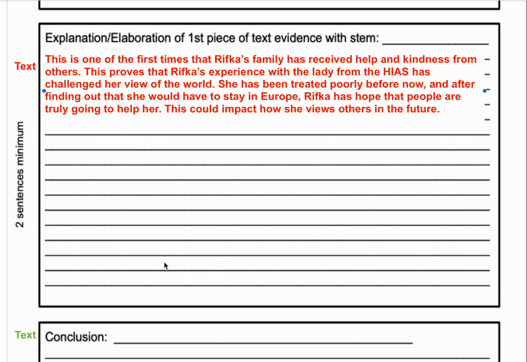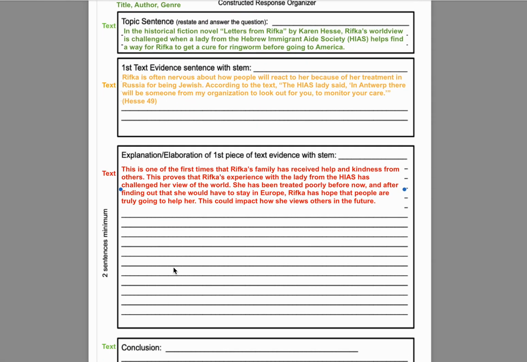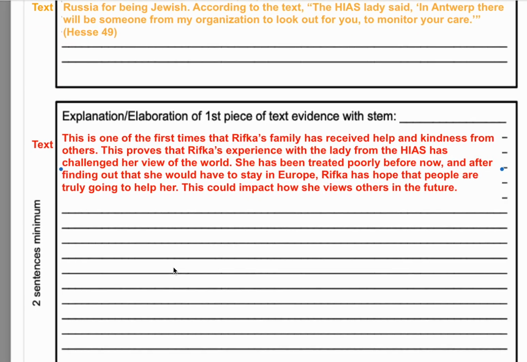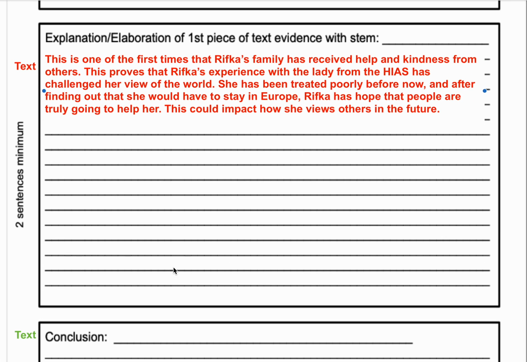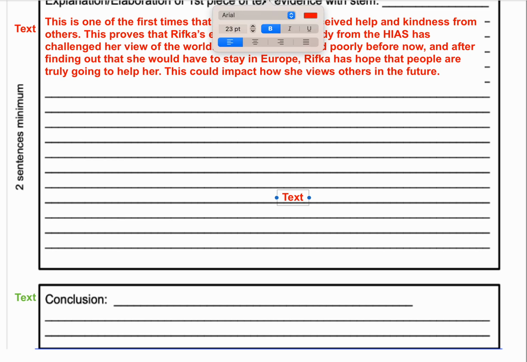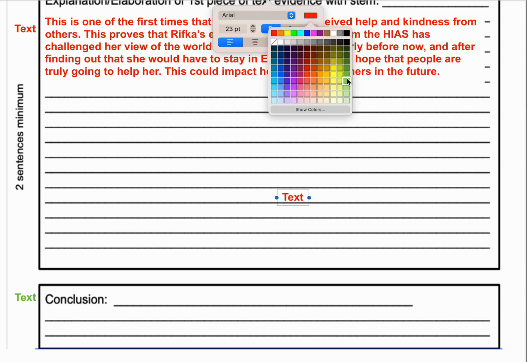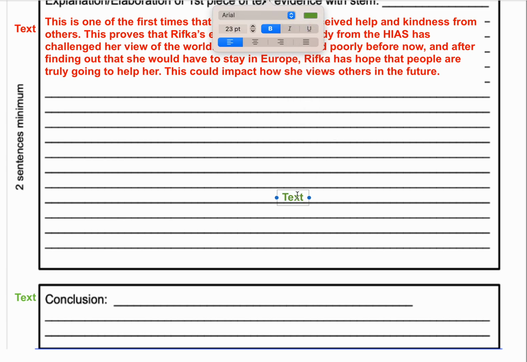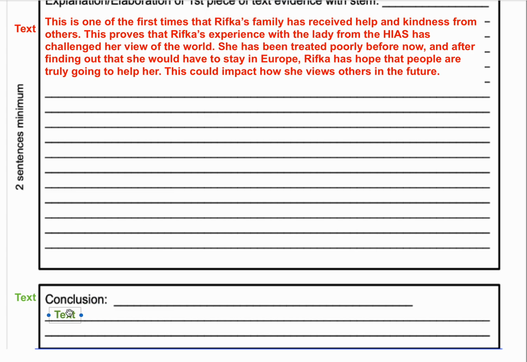Now we're going to go ahead and do the conclusion. Okay, so now we're going to do the conclusion. And so I'm going to switch my color again to green. And I'm going to use a transition again. This time I'm going to use to conclude.